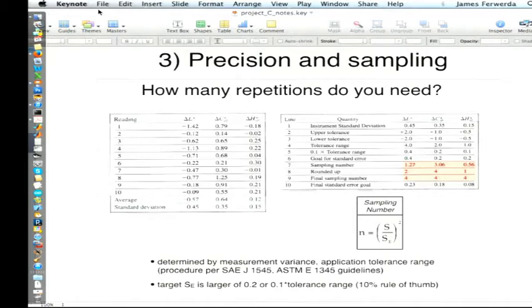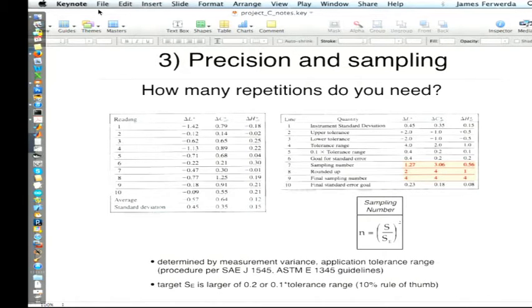And the purpose here is to figure out, okay, you're making a set of repeated measurements of differences between a standard and a sample, and you want to know how many repeated measurements you need to make in order to get a certain level of precision in your measurement of the difference.